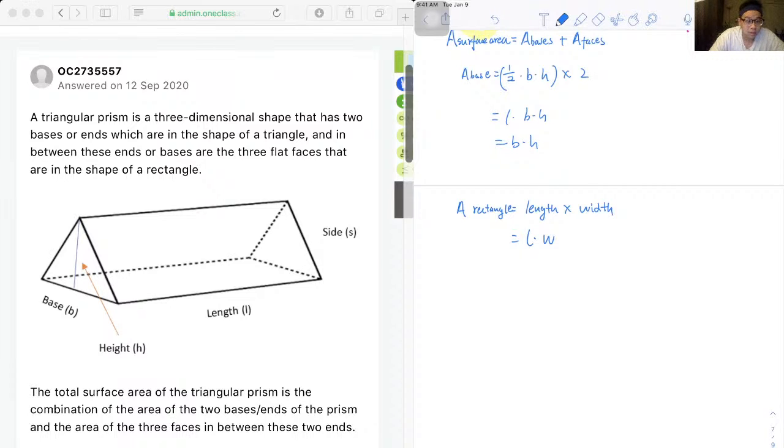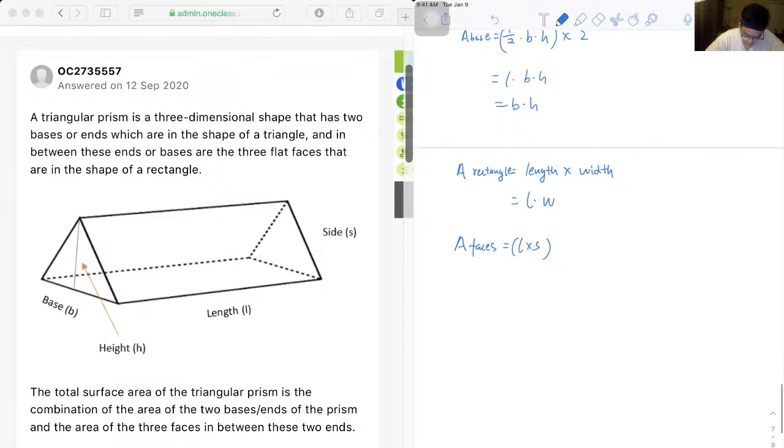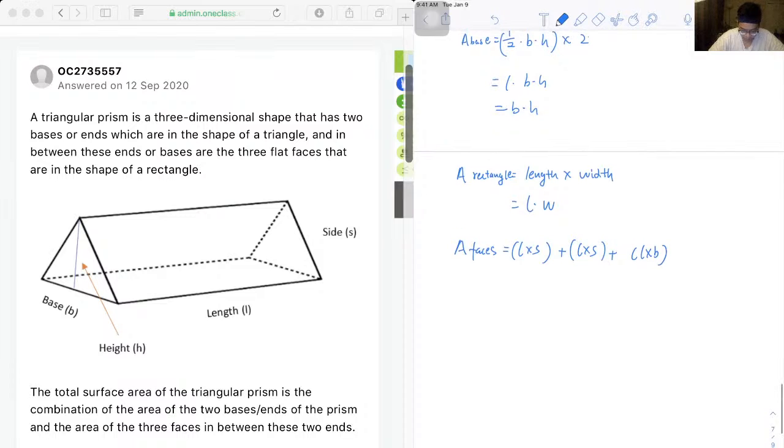So hence the area of the faces should be, let's write it here. A faces is equal to L times S plus L times S plus L times B, right?